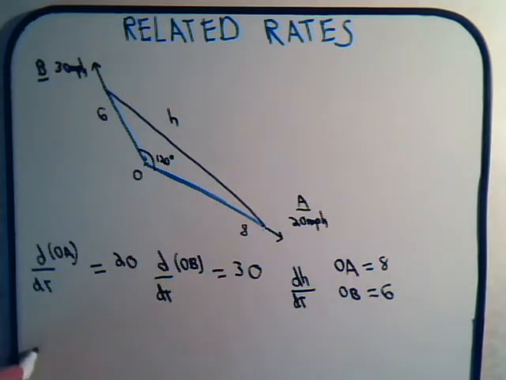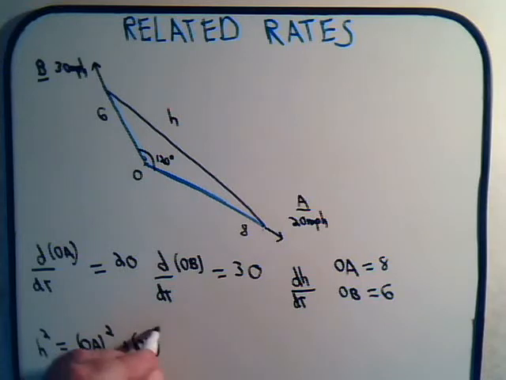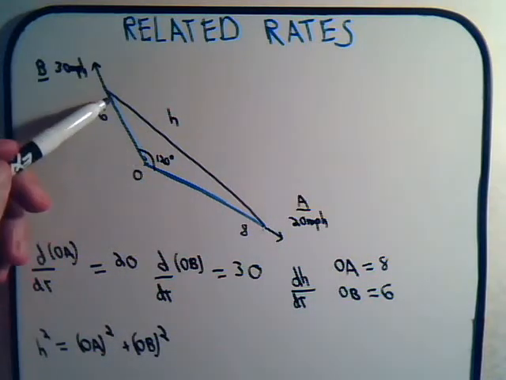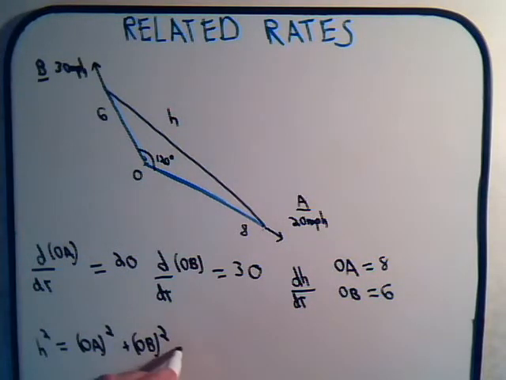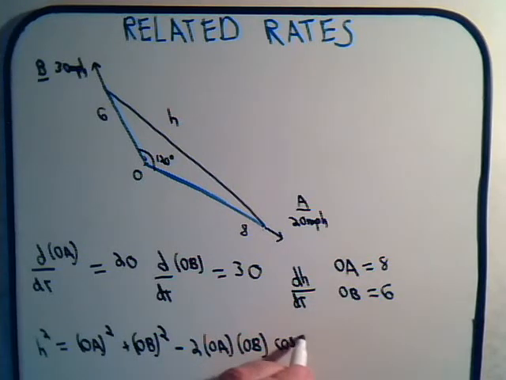H squared equals OA squared, that's this distance, plus OB squared, that's this distance, minus 2 times OA times OB times the cosine of the angle between them.